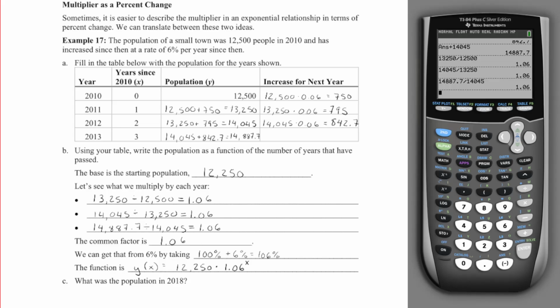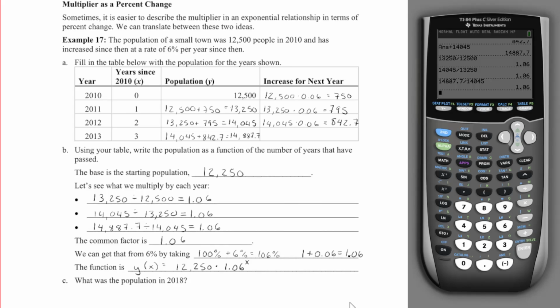In other words, we start with the whole population plus 6% written as a decimal. Our multiplier is 1.06. So if we have a percent increase, we'll add it to 1. A percent decrease, of course, we'll subtract it from 1.